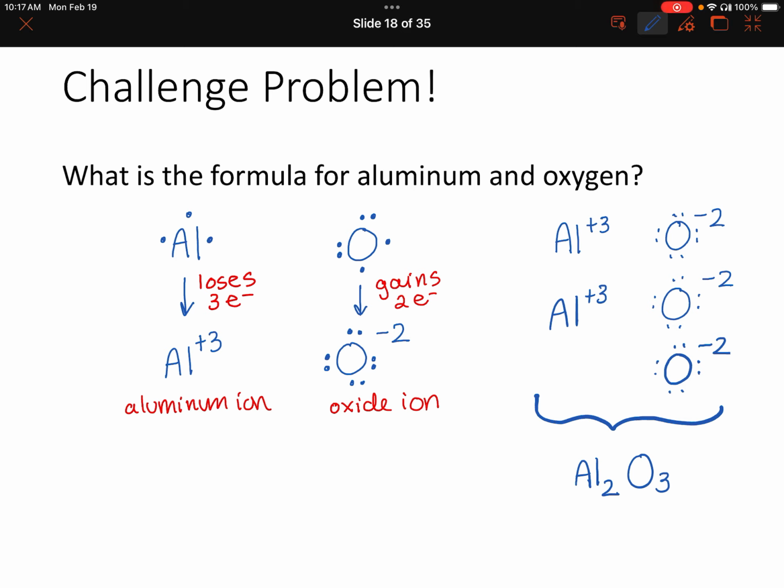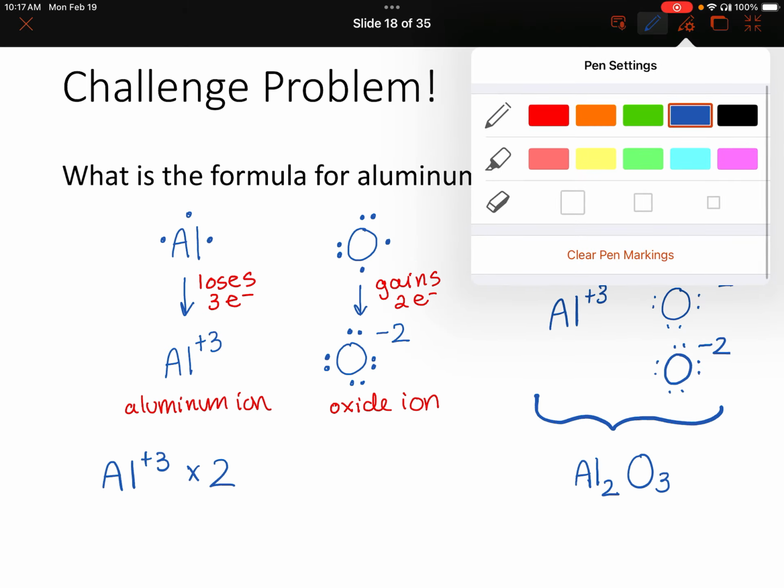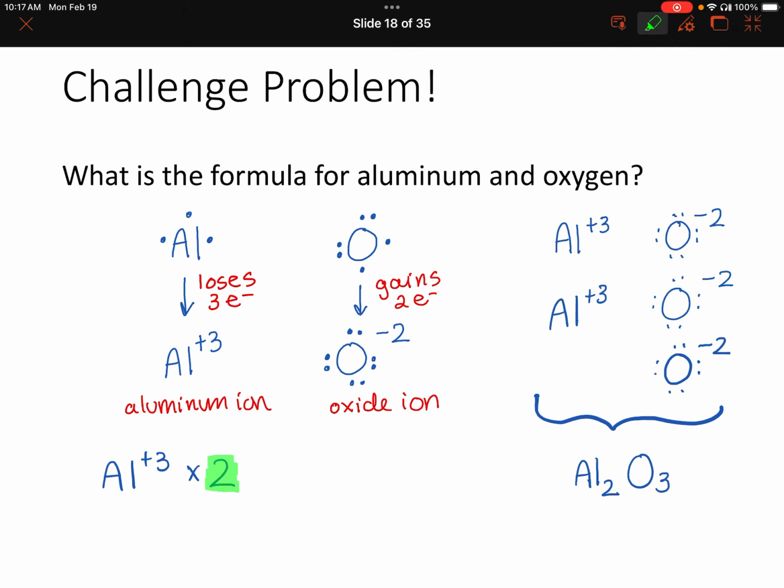Now, another way that you could think about this is what I kind of do, I just multiply the atoms by the other one's charge. So aluminum +3, I'm going to multiply this by 2, which is the charge on the oxide ion.